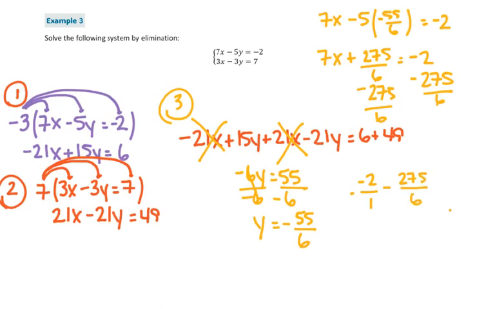So I need to multiply the top and bottom of my first fraction by 6. So I've got -12/6 minus 275/6. So -12 minus 275 is -287/6. And I'm going to see if I can reduce this at all. And I can't. So that makes it even more fun.